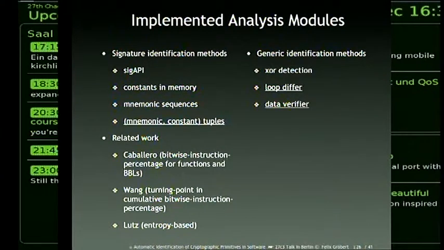I implemented a method to find the sequence of mnemonics, like in the MD5 example, to find the reoccurring sequence of a certain computation. I'm going to talk about the mnemonic constant tuple identification method later. I implemented the related work methods and also more generic identification methods I'm going to talk about now.